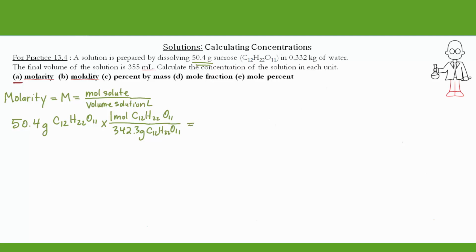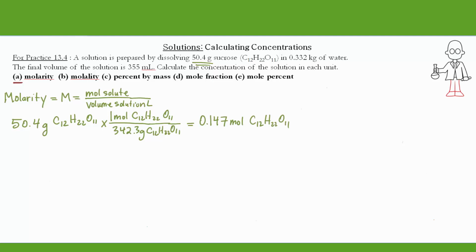So when I do this operation of multiplication, or you could call it division, I wind up with 0.147 moles of C12H22O11.